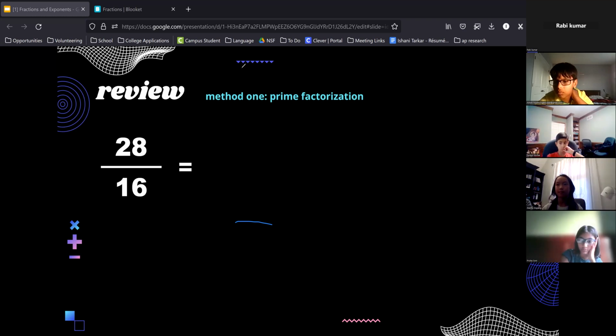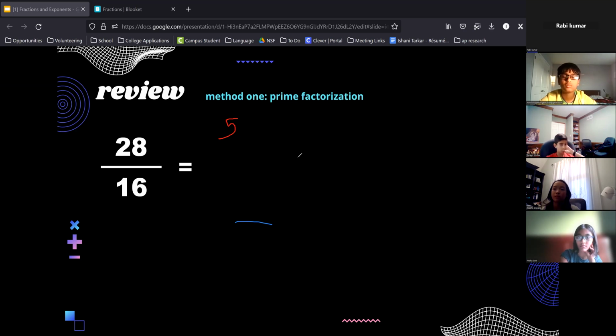A prime number is a number that is only divisible by 1 and itself. For example, we have the number 5. If we look at all the numbers that divide 5 evenly, that's 1. 2 won't divide it because it's not even. 3 won't divide it because 3 times 1 is 3, and 3 times 2 is 6, and 5 is neither of those.